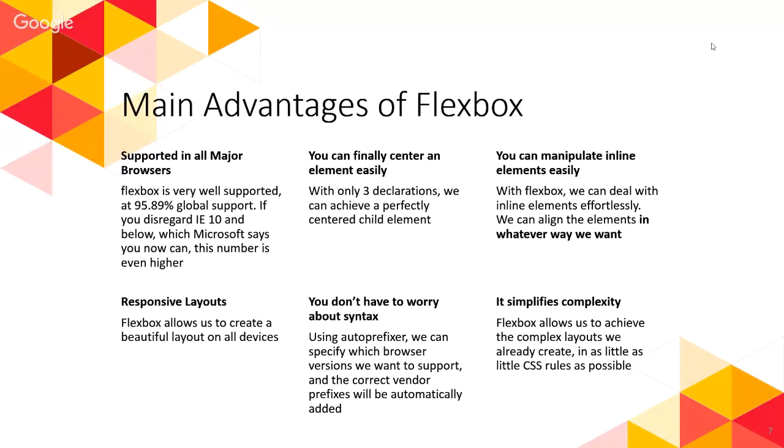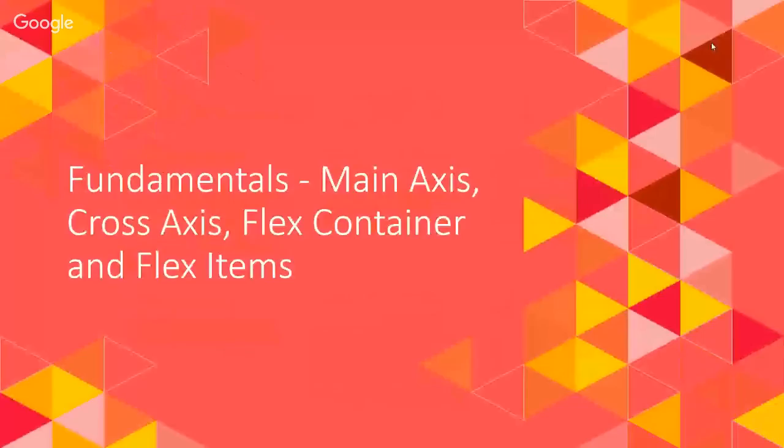We already said that Flexbox allows us to achieve complex layouts we already could create with float layouts, but now we can do it in much less code than we used to. Those were some of the advantages that Flexbox gives us. There are much more, and I'm sure you'll come to see that it really does provide us with a handy tool in our CSS toolbox.